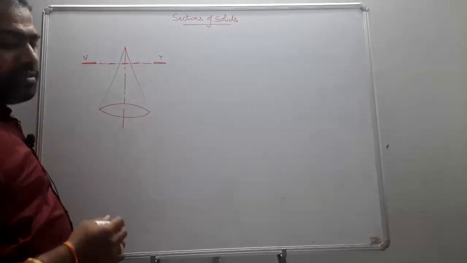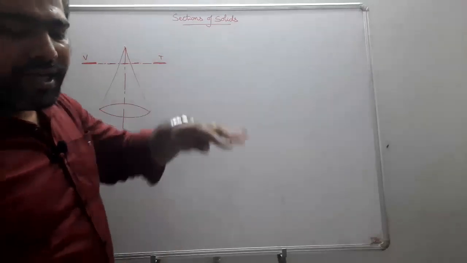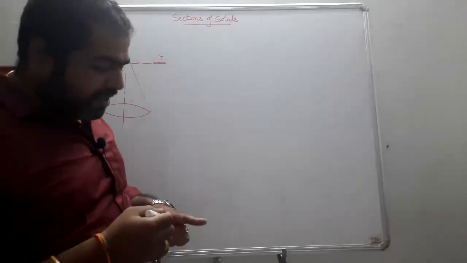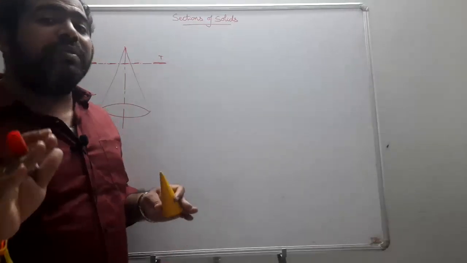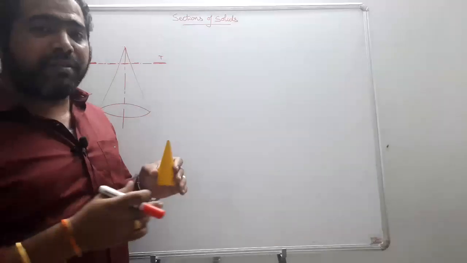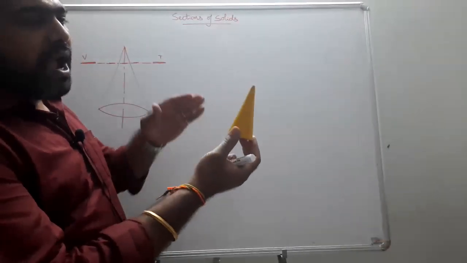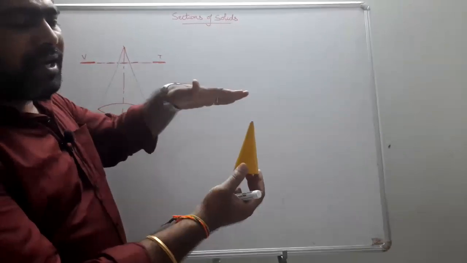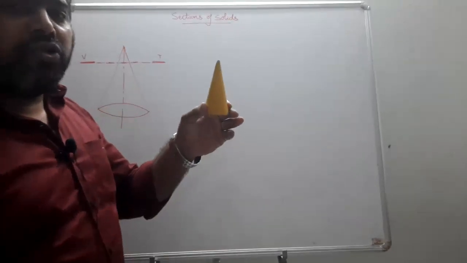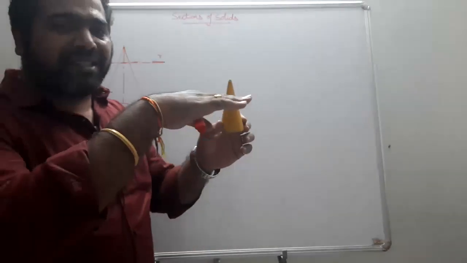When you take a cutting plane, just imagine this cutting plane is not a plane which you actually see. It should be an imaginary plane. You take an object and you are supposed to cut it. How should it be? It is perpendicular to the axis.